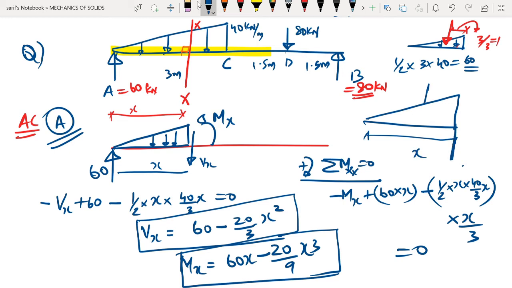The resultant would be acting at a distance x by 3, and the magnitude of this resultant will be the area of this triangle, half into base into height, that is half into x multiplied by the intensity 40 divided by 3 into x. So this would be the total load, and that would be acting at x by 3 from this particular side. So we will be getting this value.